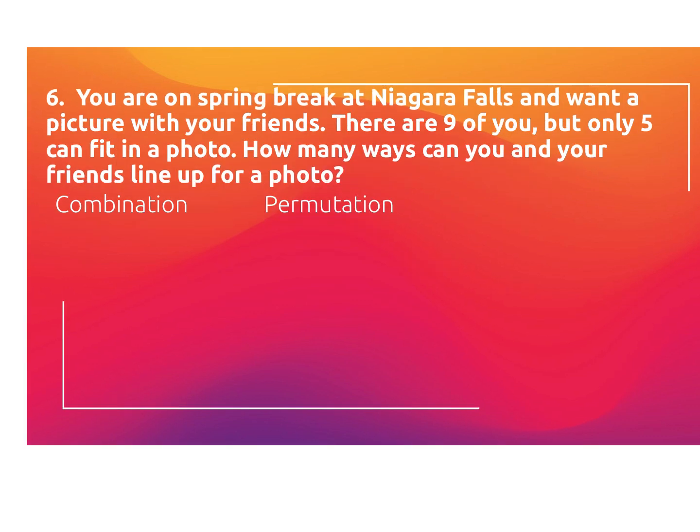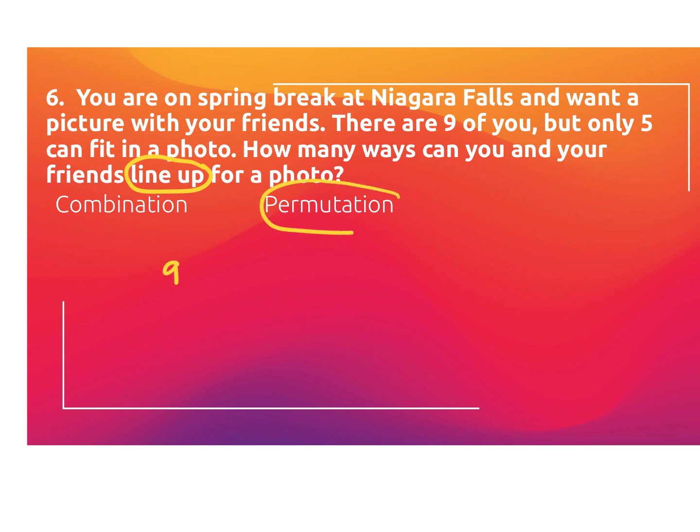Number 6 says you are on spring break at Niagara Falls and want a picture with your friends. There are 9 of you, but only 5 can fit in a photo. How many ways can you and your friends line up for a photo? So when we have this, line up is a keyword for permutation. Because of that word, line up, we're going to do a permutation. So I have 9 total people.